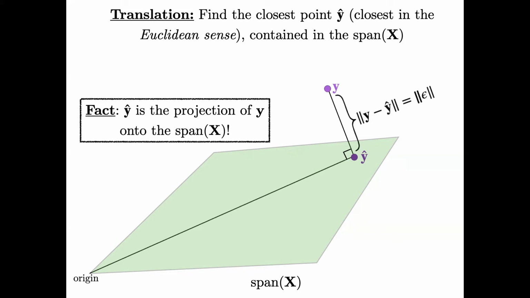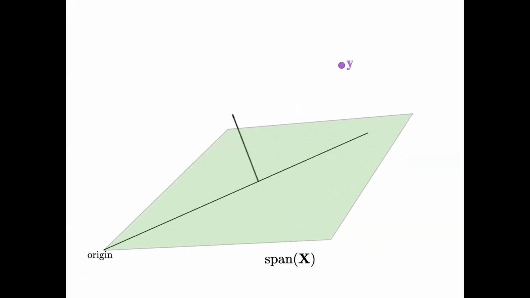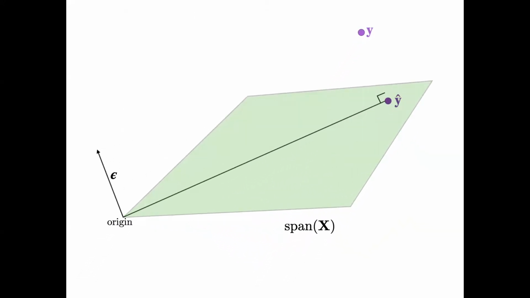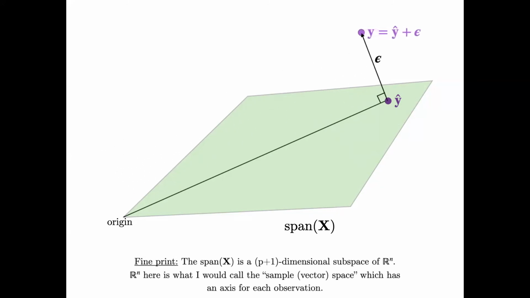And this distance between those points is that sum of squared error, the square root of the sum of squared error. It's the distance between y and y hat. So therefore, you can actually think of the vector epsilon, that vector of residuals, as its own vector in this space. And y is equal to y hat plus epsilon. Again, when we add vectors, we add them tail to head.